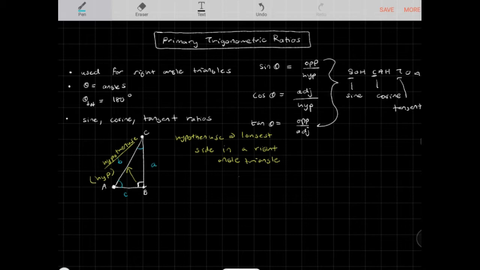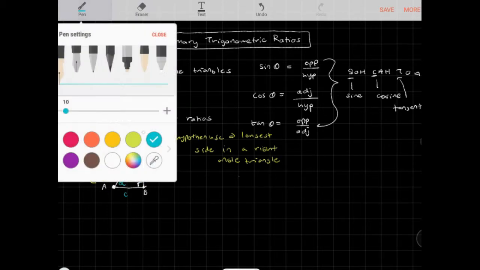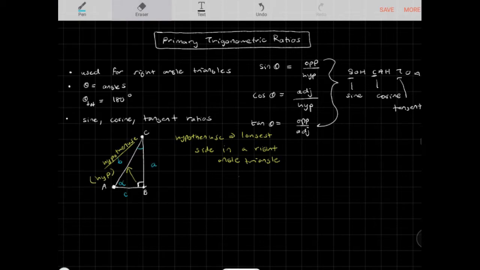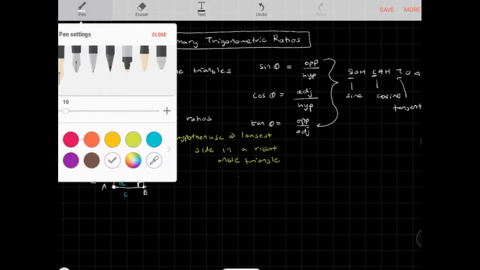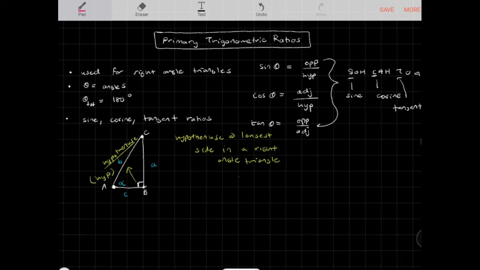So having said this, let's say that instead of labeling these angle A and angle C, I label them a different way, right? Let's call this guy angle alpha, and let's call this guy angle beta.